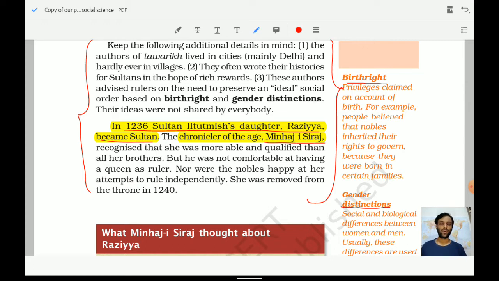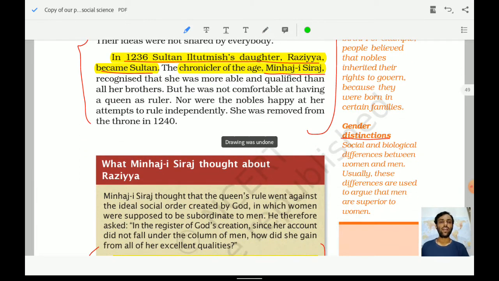Hence this continued. Now the gender distinctions: what type of gender distinction is it referring to? The social and biological differences between women and men. Usually these differences are used to argue that men are superior to women.